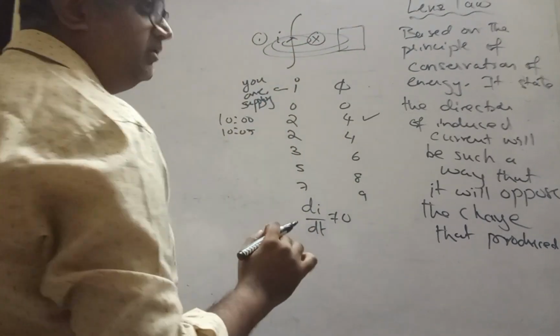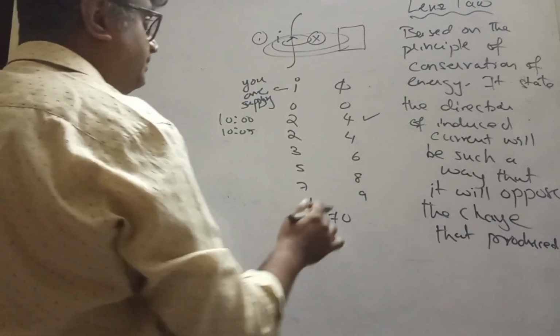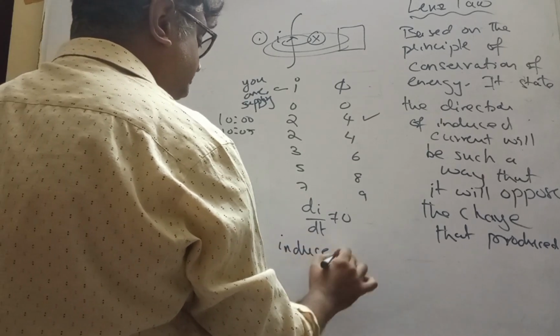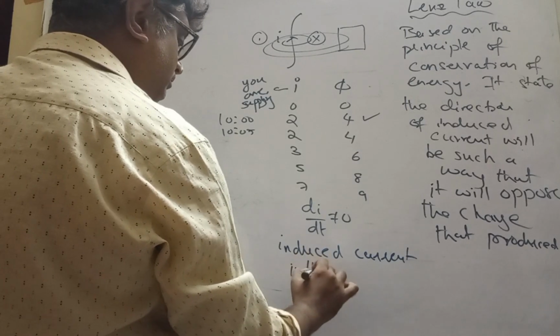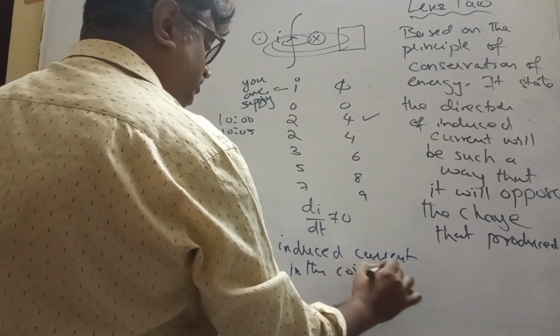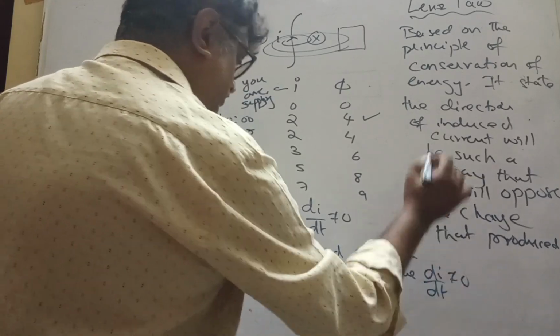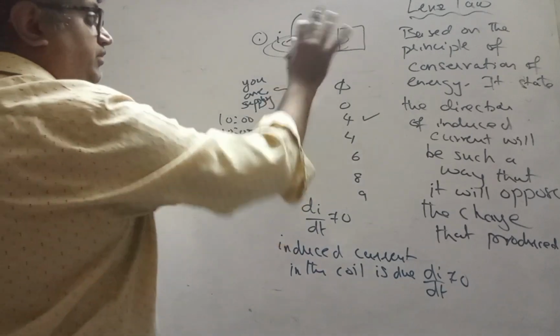This will give rise to an induced EMF, an induced current in the coil, due to this di by dt, which is not equal to 0. So the associated B is changing and the flux is getting changed.